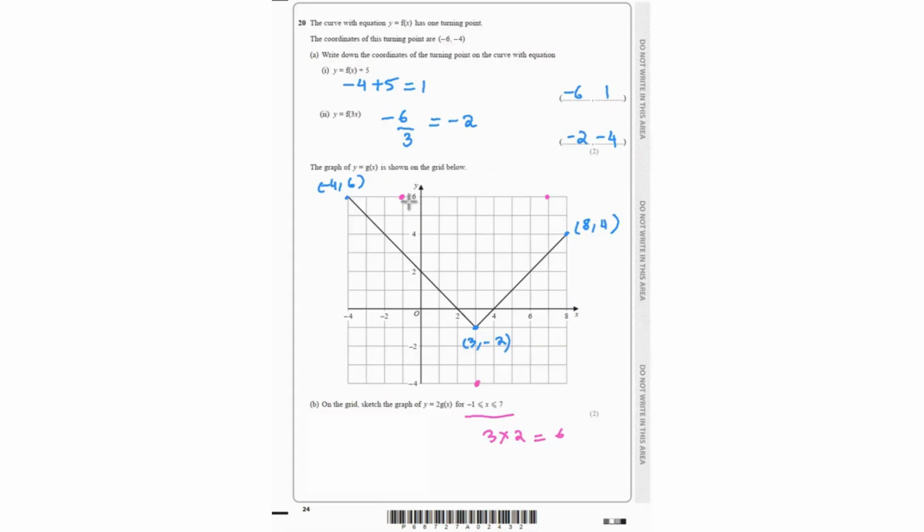So that is our graph. Because at x equals -1, y was 3, so 3 times 2 became 6. Then at x equals 7, y was again 3, so 3 times 2 became 6. So when you connect the points, this is what we get.